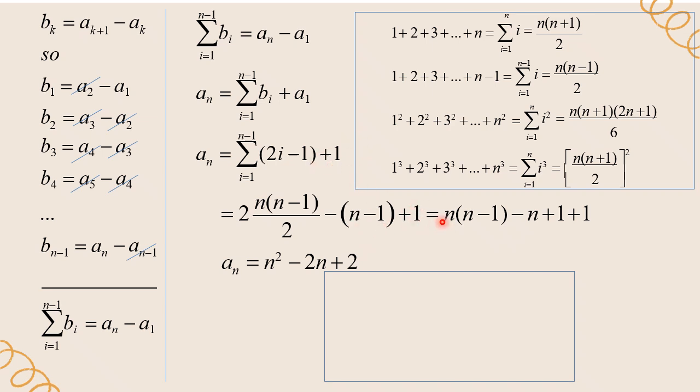So after calculating, we have a_n equal to n squared minus 2n plus 2, so we can substitute 8 into it, and we get 50, like the first one that we got.